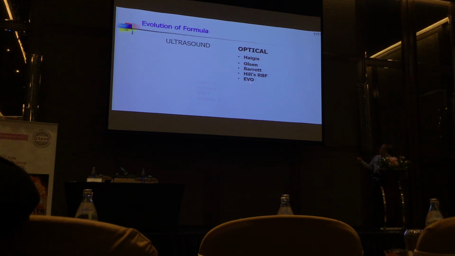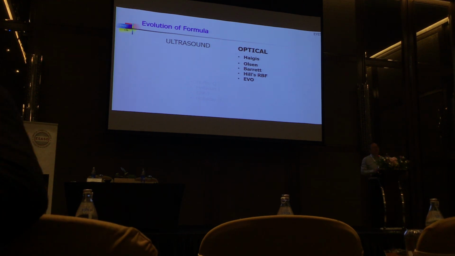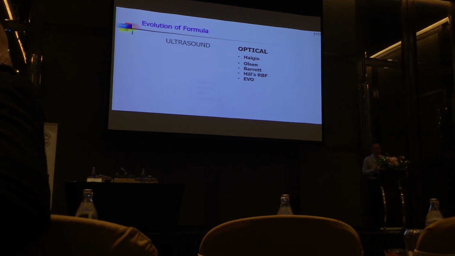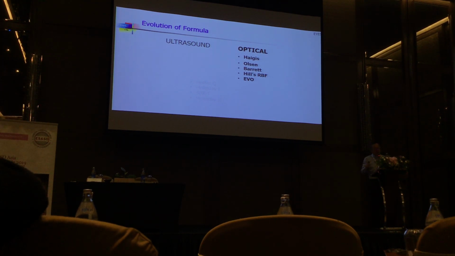For the other few formulas, you really have to readjust the constant a little bit. They are not the same. Today, most of the constants on the box are based on optical. 10 years ago, they gave you one based on ultrasound, one based on optical. Today, it's mainly optical. So if you use ultrasound with today's constant on the box, if it is an optical constant, you may have to make some readjustment.